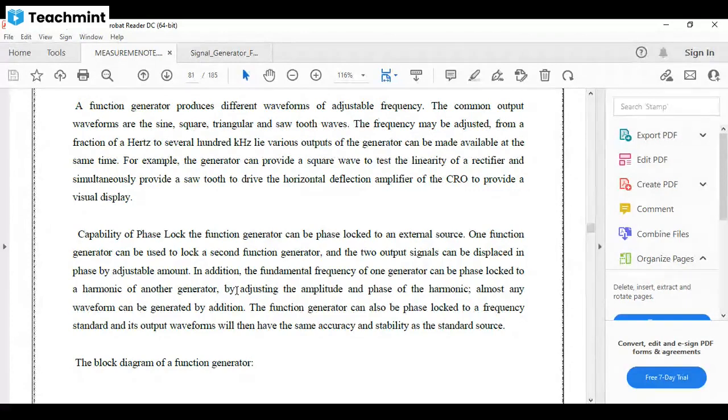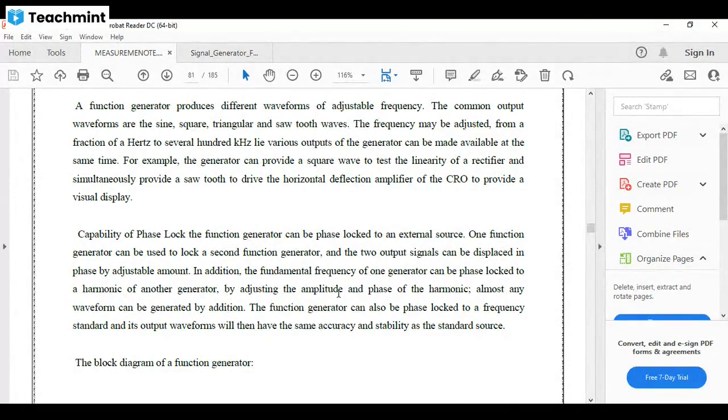So in the function generator, another property is that it can be phase locked. A function generator can be phase locked to an external source, and one function generator can be used to lock a second function generator, and the two output signals can be displayed in phase by an adjustable amount. In addition, the fundamental frequency of one generator can be phase locked to a harmonic of another generator.